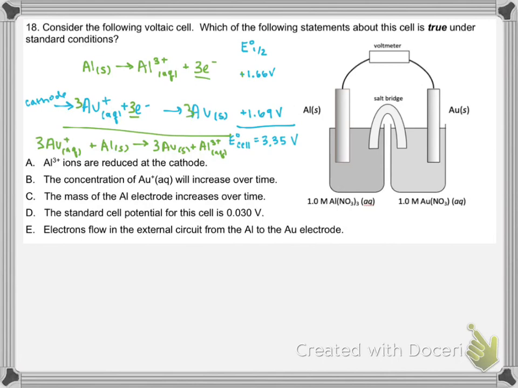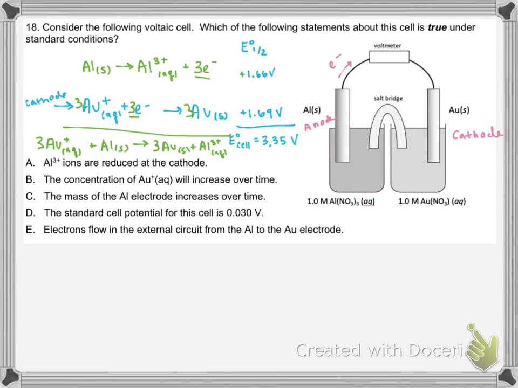As we said, the gold side is going to be our cathode. The aluminum side is going to be our anode. So the aluminum is giving up electrons in the oxidation reaction.